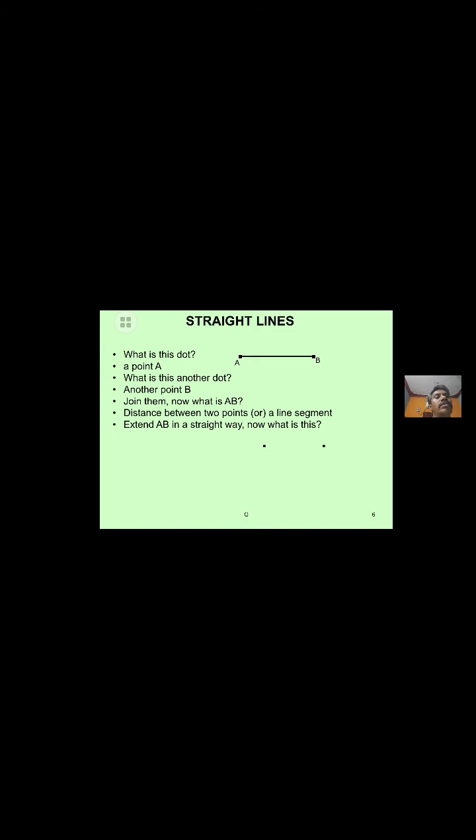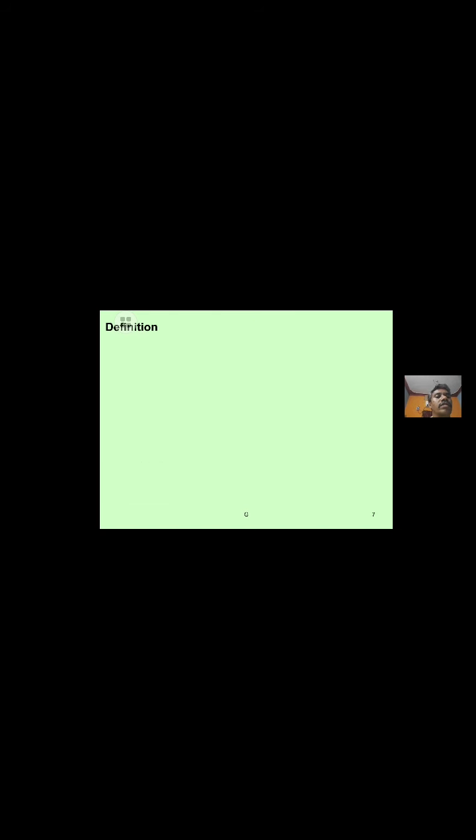Extend AB in a straight way. Now what is this? See, we extended left side and right side in a straight way. Now it is a straight line passing through AB. Definition: a line is a set of infinite number of points.